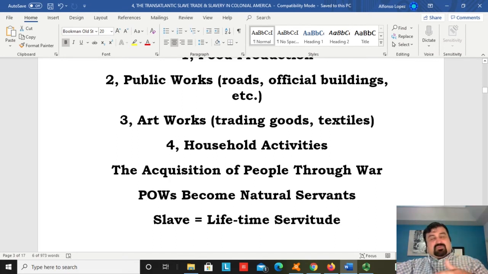And those kings or queens, again, were able to command people to build things like roads, temples, official buildings, waterworks, clearing land, so on and so forth, for agriculture and the like. Public works. So labor is necessary if you're going to build a kingdom, or you're going to build a city.